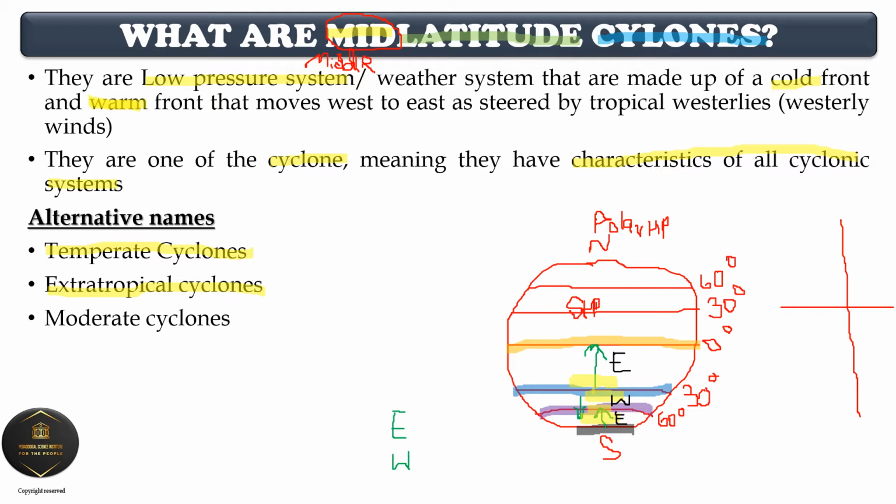And we also call them moderate cyclones. Now, even though the conditions they bring are similar to what will happen in a tropical cyclone, you must note that the effects are not as dire. They are not as severe as those of a tropical cyclone. That's why we give them the name moderate cyclone. So they bring moderately devastating conditions.